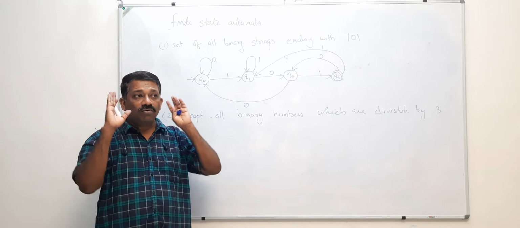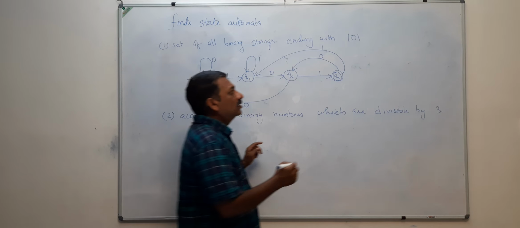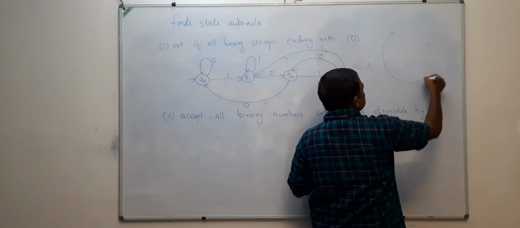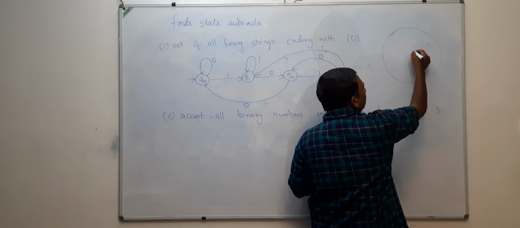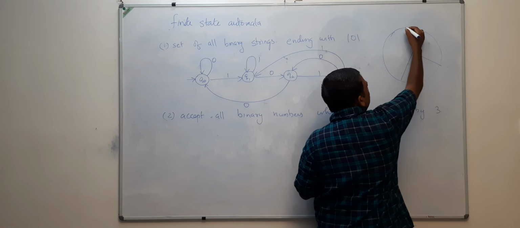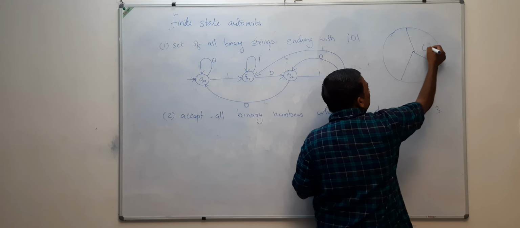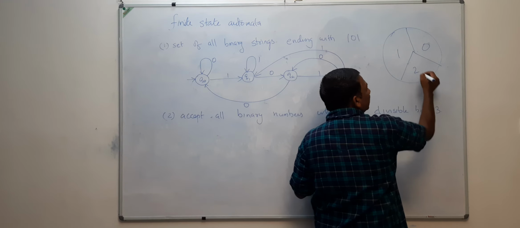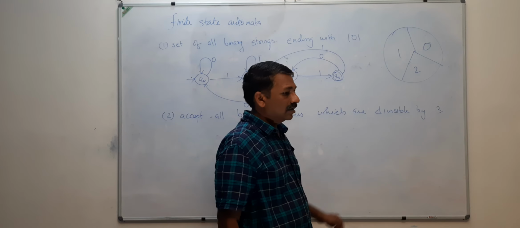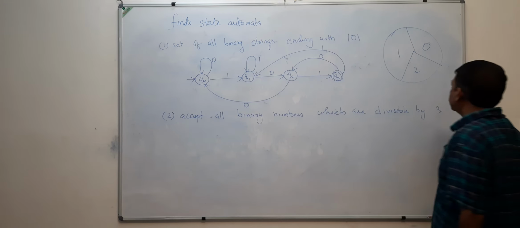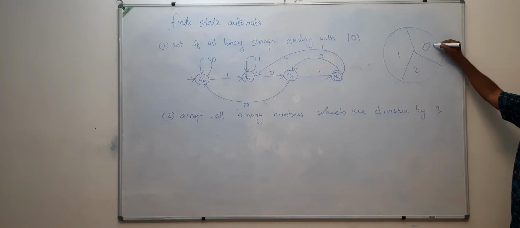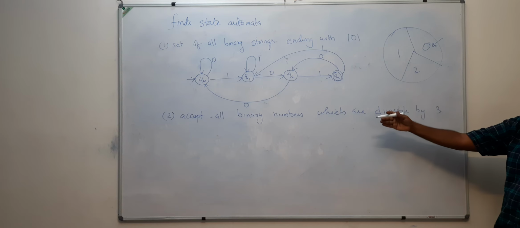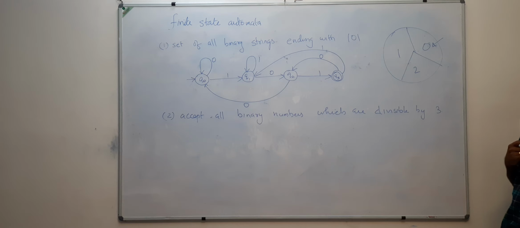Suppose these are the set of integers, then we can partition this into 3: remainder 0, remainder 1 and remainder 2. When you are dividing a number by 3, if the remainder is 0, that number can be accepted.